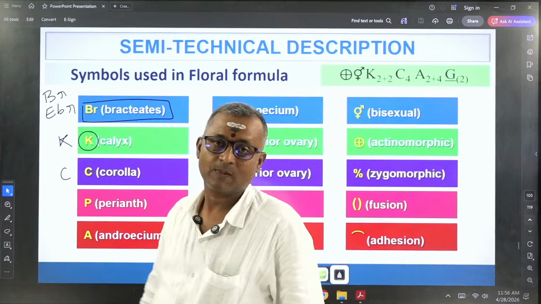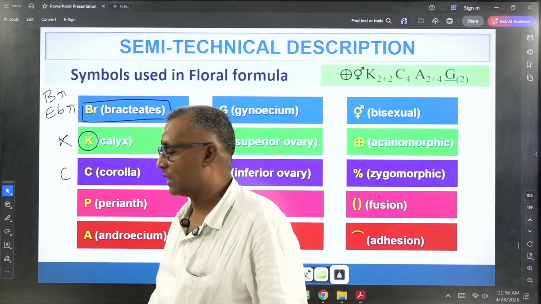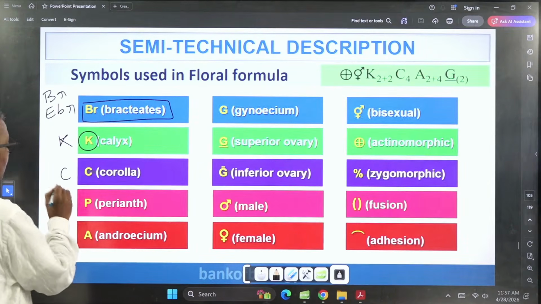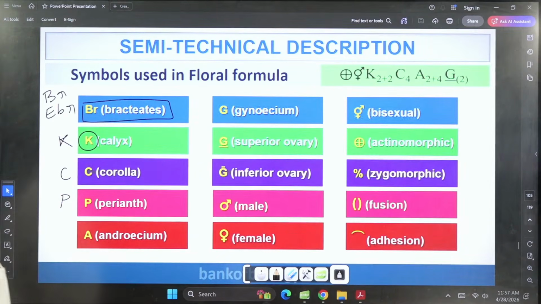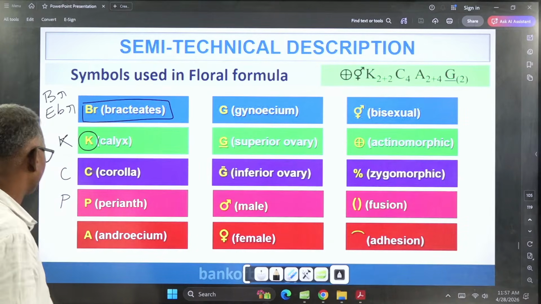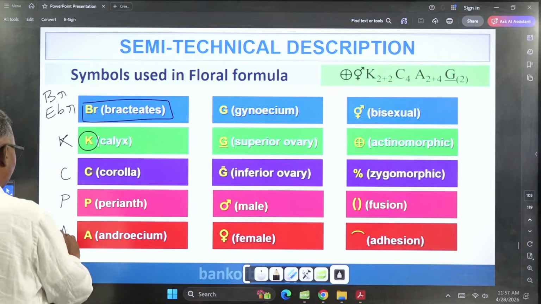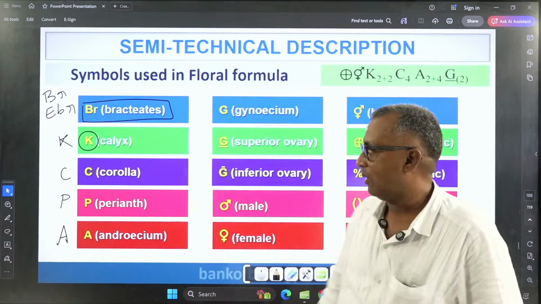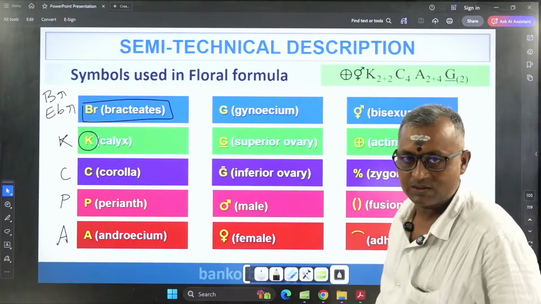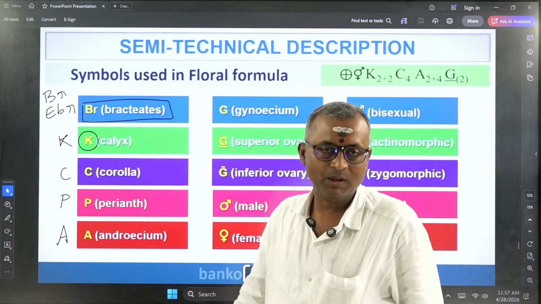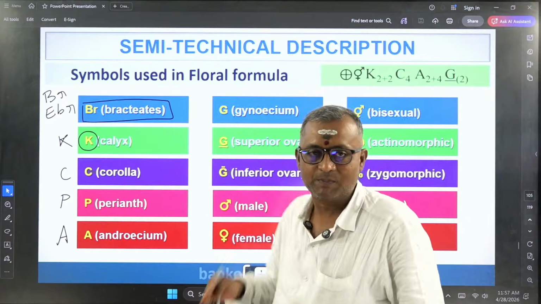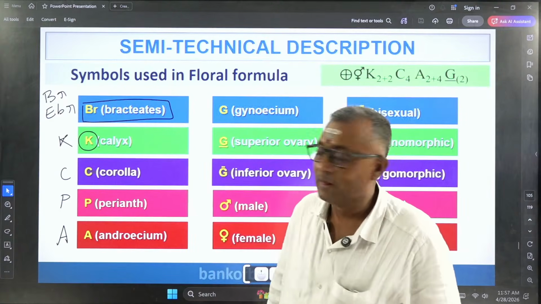So such accessory organs you can call perianth. If perianth is present, it will be represented with P. P is the symbol for perianth. Next, for androecium, we give the symbol A. If you observe, all the parts are represented with a symbol by taking the first letter of their spelling itself as the symbol for that particular part.